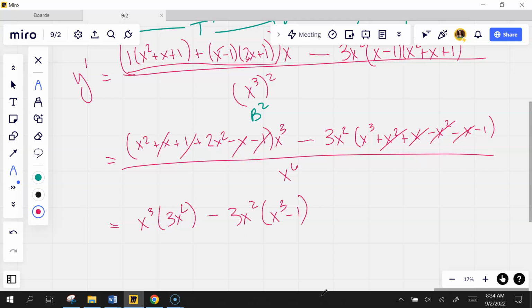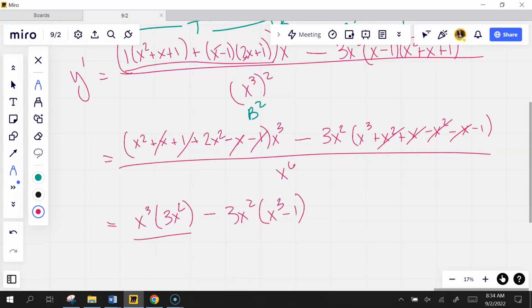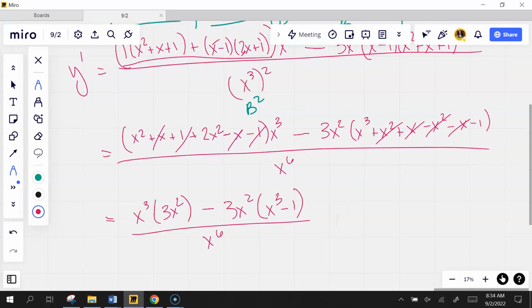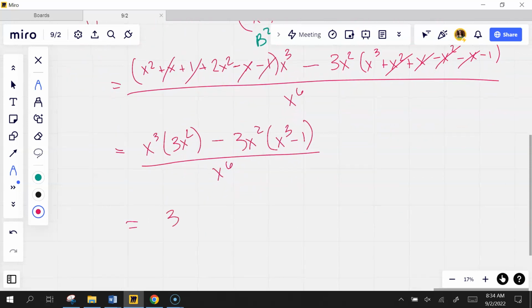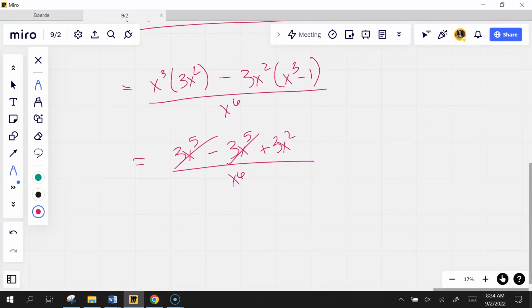Is that what y'all got? And so then I have 3x to the 5th minus 3x to the 5th plus 3x squared over x to the 6th. All that comes down to 3 over x to the 4th.